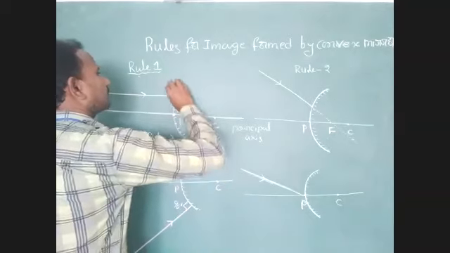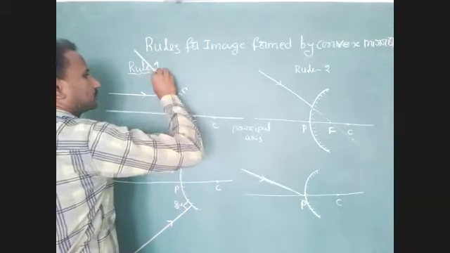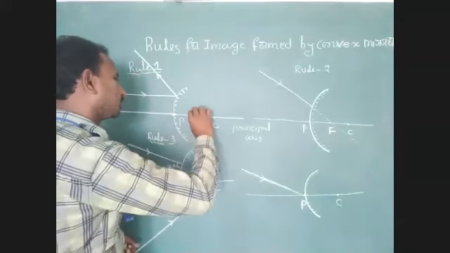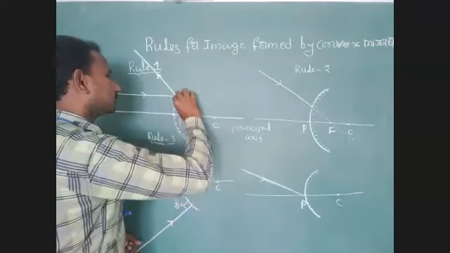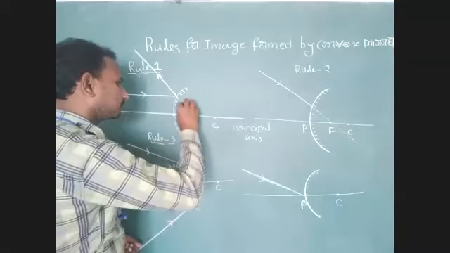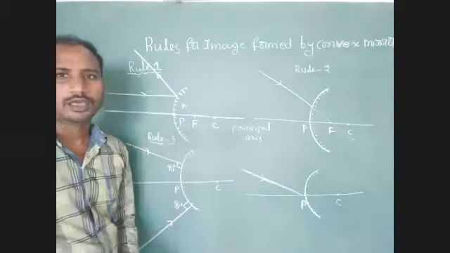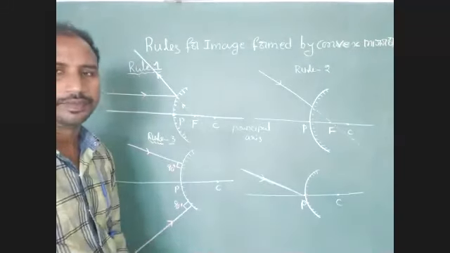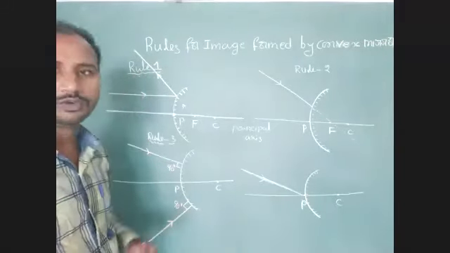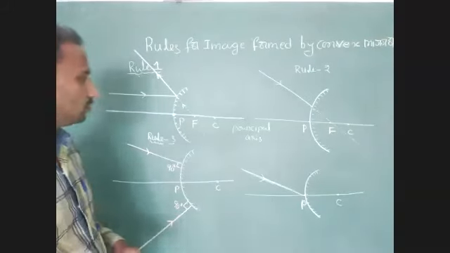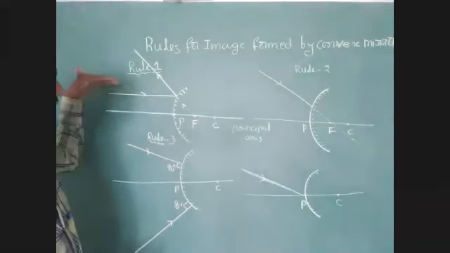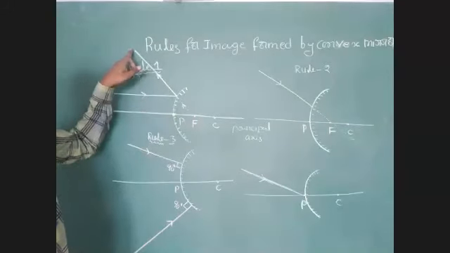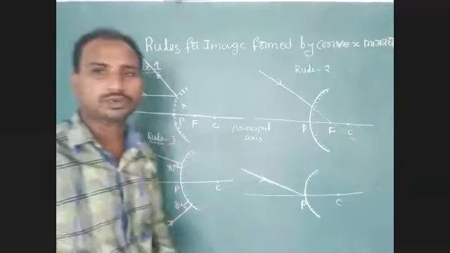The reflected ray appears from the principal focus. So this reflected ray appears from this principal focus. So this rule is rule 1. What is that rule? If an incident light ray is parallel to the principal axis, after reflection, the reflected ray appears from the principal focus.